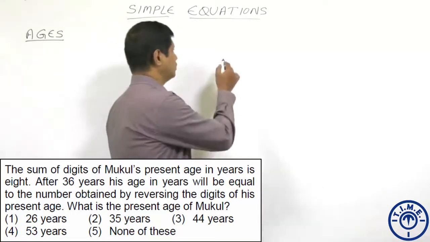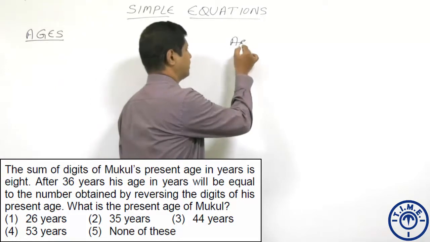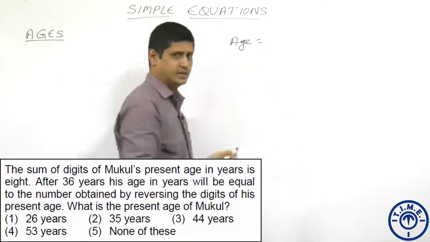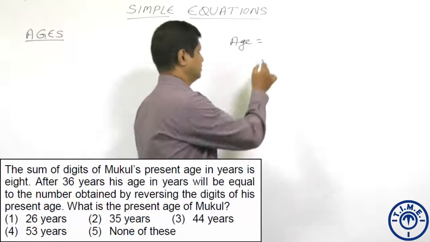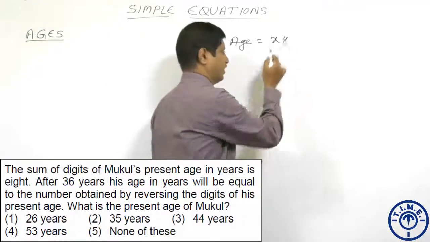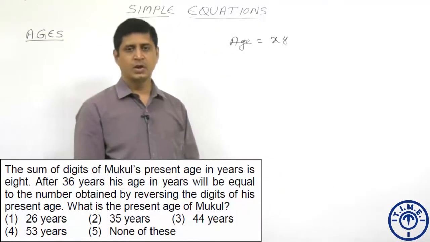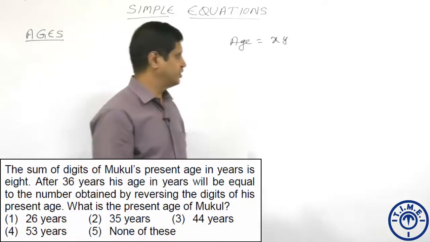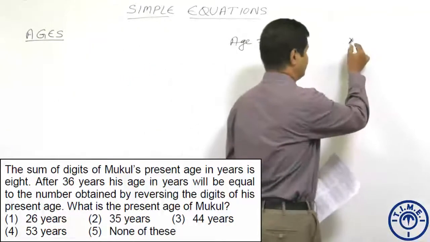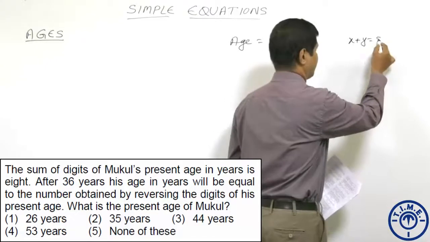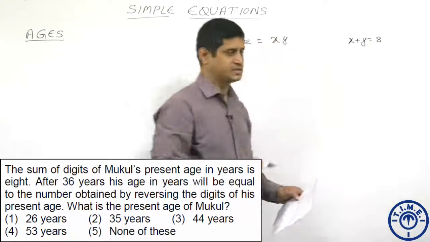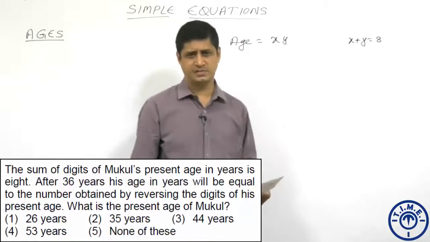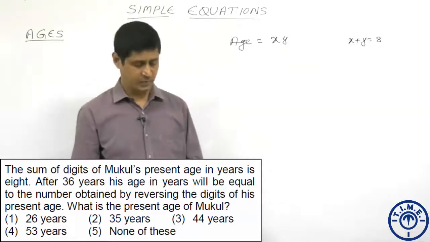Now I am assuming the present age of Mukul as a 2-digit number, that is xy. What is the sum of the digits? Sum of the digits means x plus y is given here as 8. So the sum of the digits is 8.